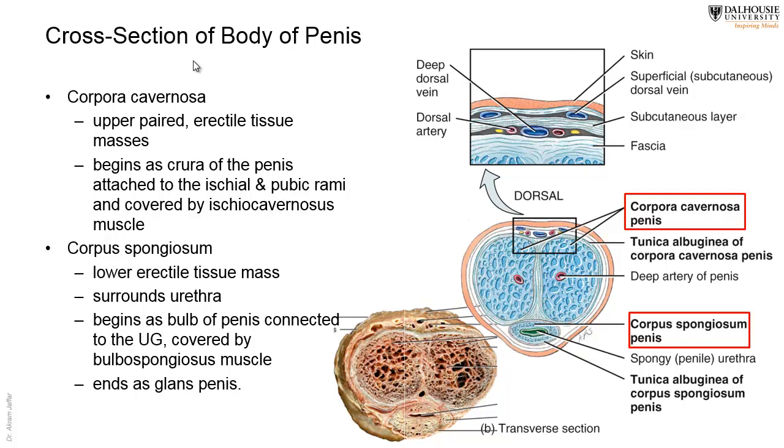Look at it here or here. This is a diagram. This is an actual penis that is cut in a section. And you can see that this fibrous tissue looks like a sponge. And there are spaces here. These spaces are called cavernous spaces, and they are usually filled with blood.